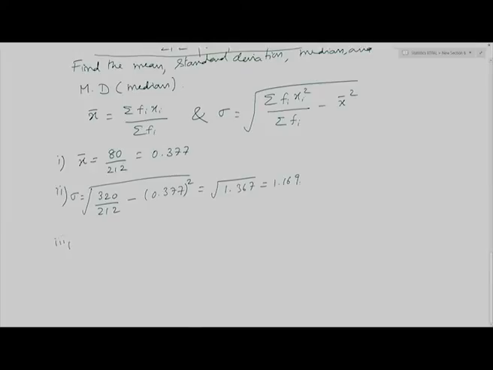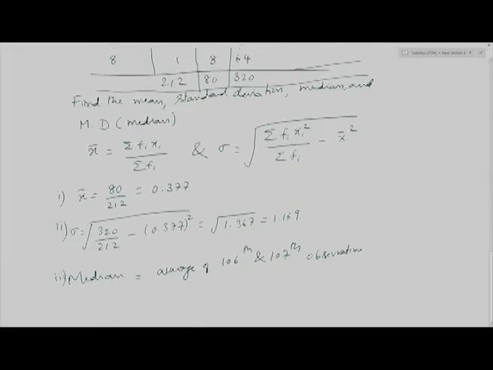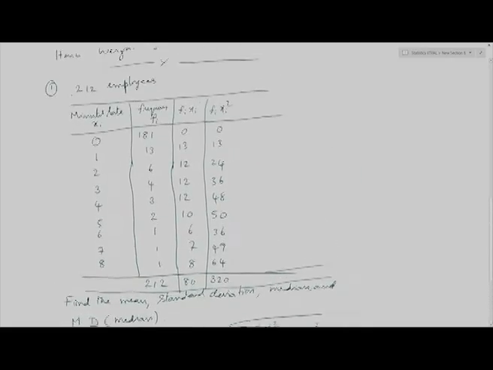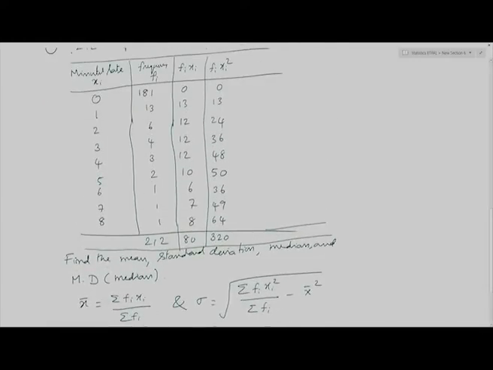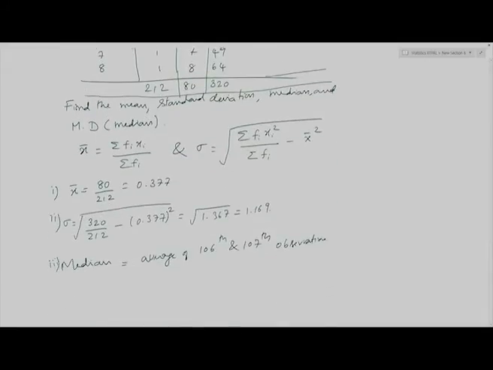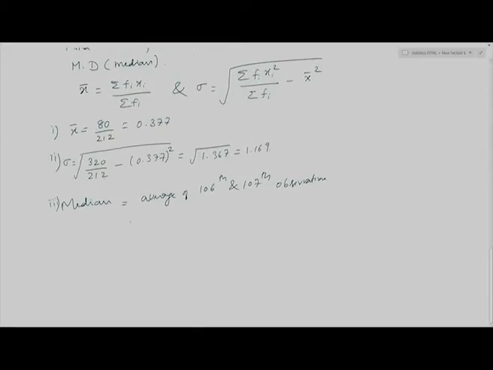So the median is equal to the average of the 106th and 107th observation, and the xi values for those are 0. This data has one entry that is very big, so the observation for that is 0. Therefore the average is 0, and hence the median is equal to 0.